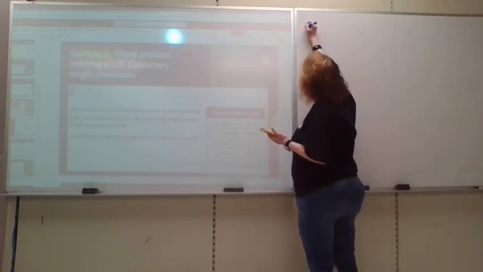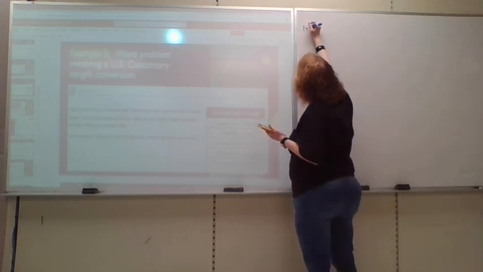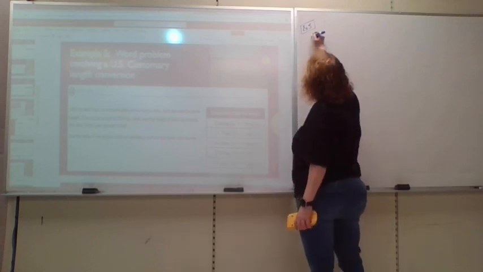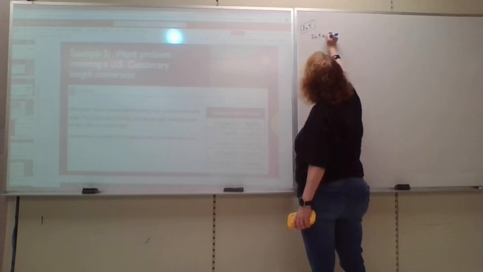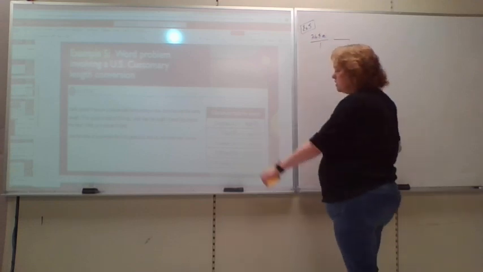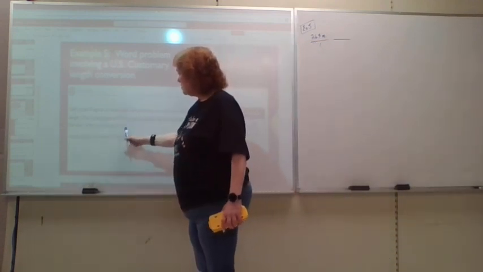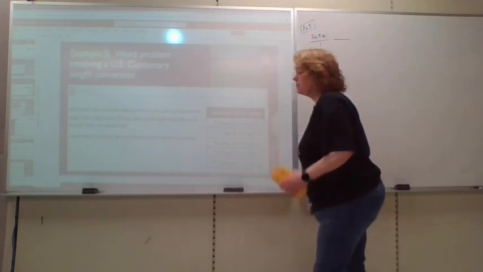Example 5. So I get 26.4 miles. I'm going to convert that. Because it said it wanted it in feet, I'm going to convert these miles into feet first.